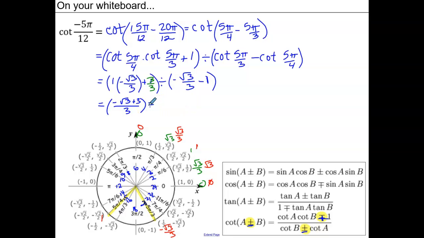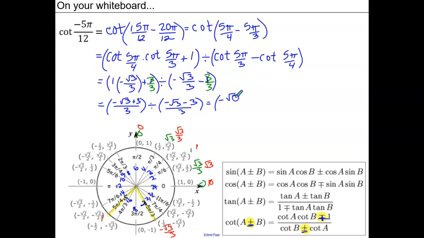That's divided by, oh, that's pretty messy, let's fix that. That's divided by our next value here, negative root 3 over 3 minus 1. We'll get a common denominator of 3. And then combine those fractions, negative root 3 minus 3, all divided by 3. Okay, dividing by a fraction is the same as multiplying by the reciprocal.